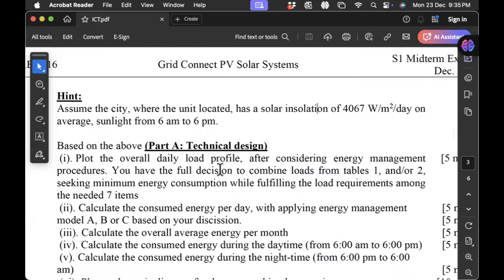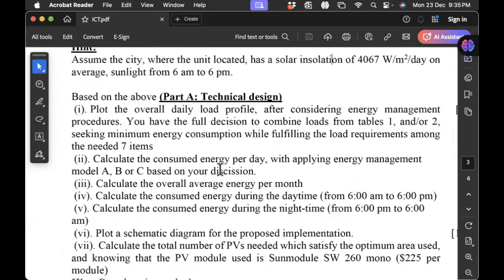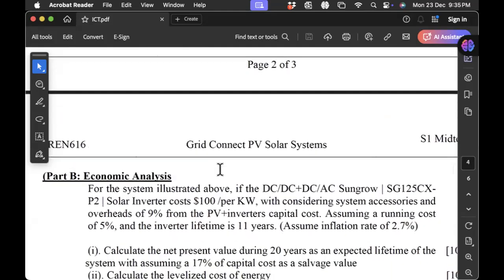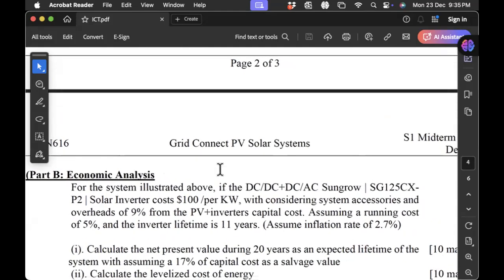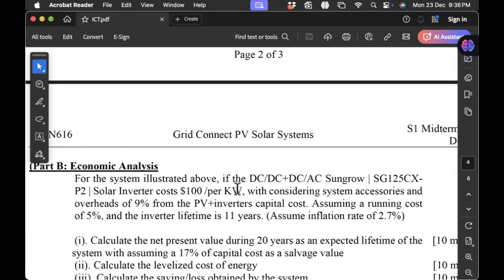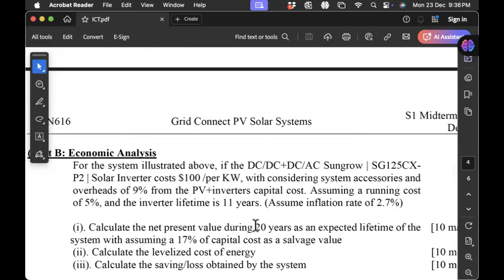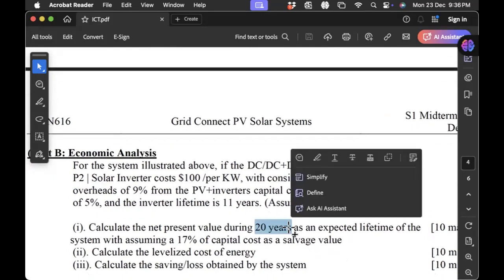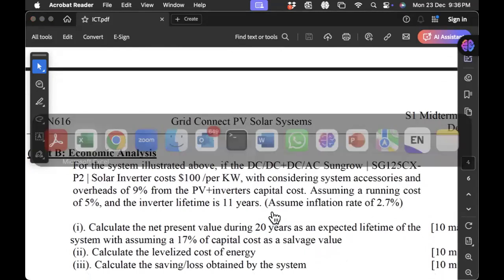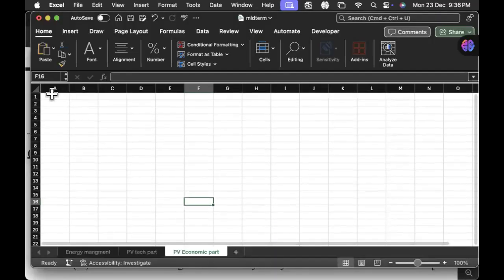Yeah, maybe in the economic part here. Yeah, this is the inverter. We are given the cost of the inverter. Yes, typically this is 20 years. So let's assume that this is a 20-year system. So let's start now working with that.